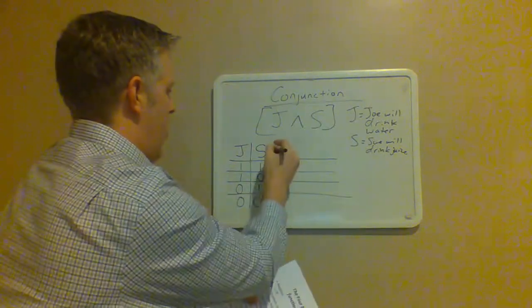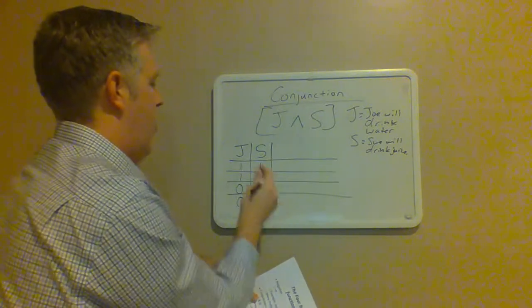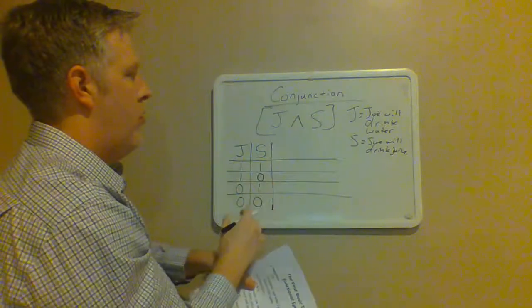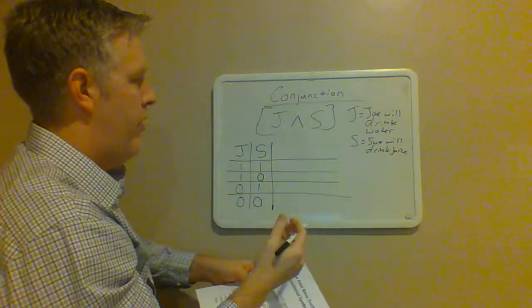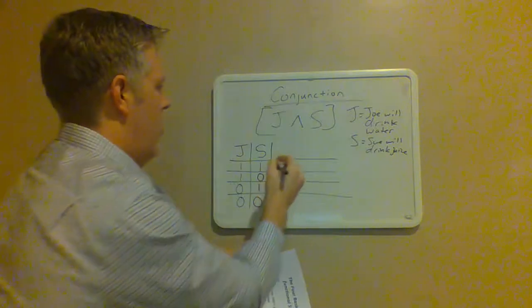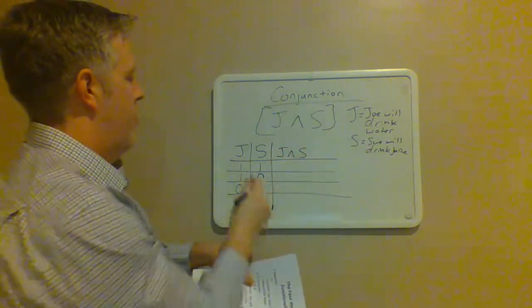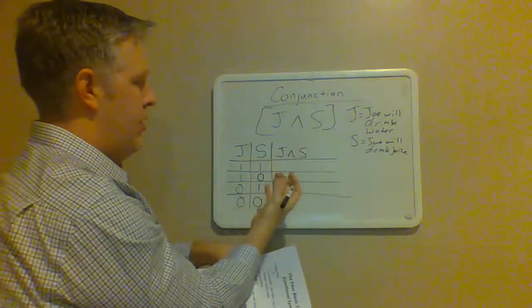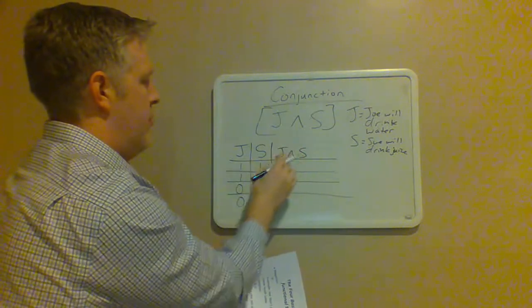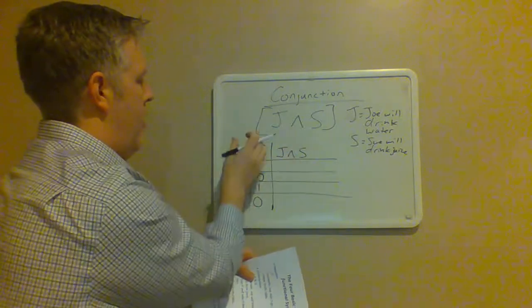Once we've done that, we're in a position to pick the truth value of the compound claim, J and S. We've got all the parts involved here, so we can map out the truth value because both conjuncts are already depicted.